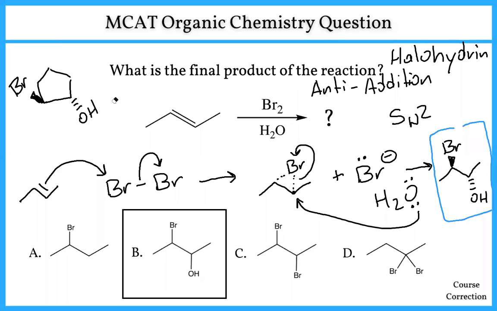Or the other way that you might see this drawn is just with one going up, so above the ring, and one going below or beneath the ring. The picture that you see might be a little clearer, but ultimately you want to make sure that both of them are not going above or both going below, because that would be a syn addition. And these reactions do not react via a syn mechanism.